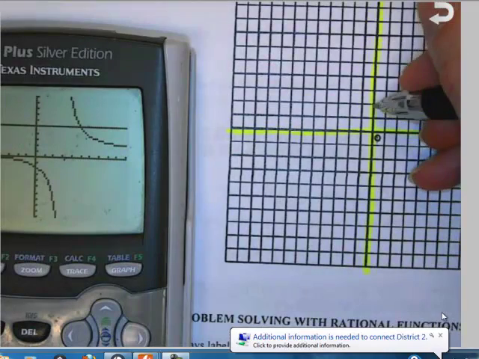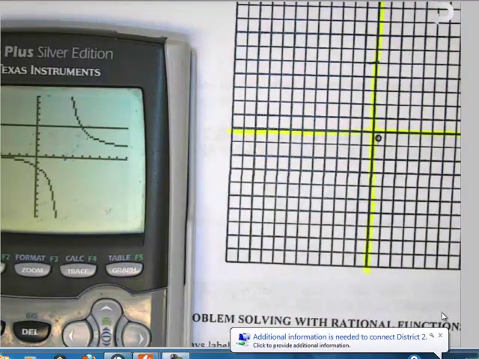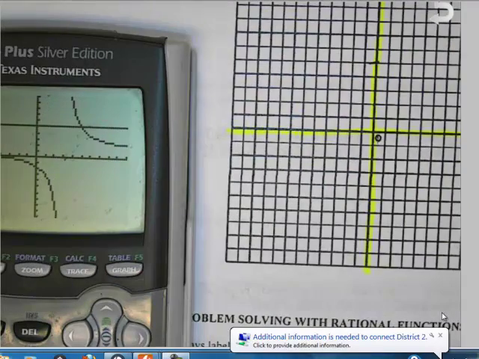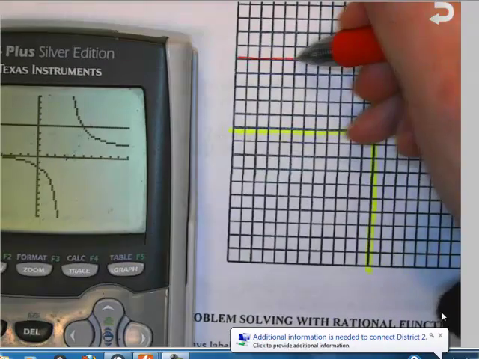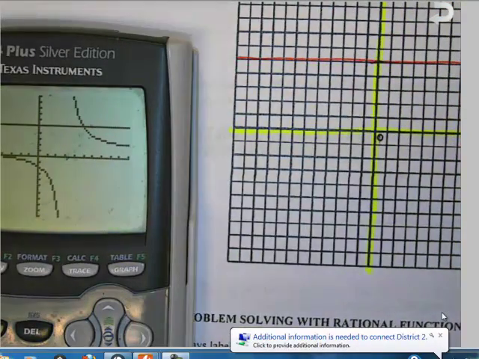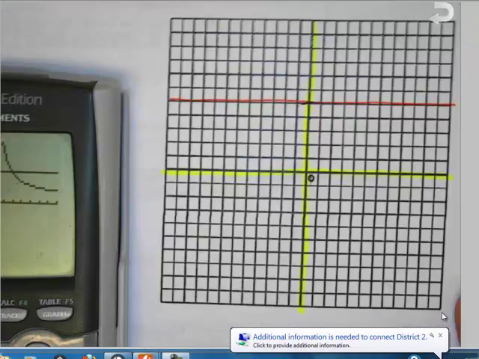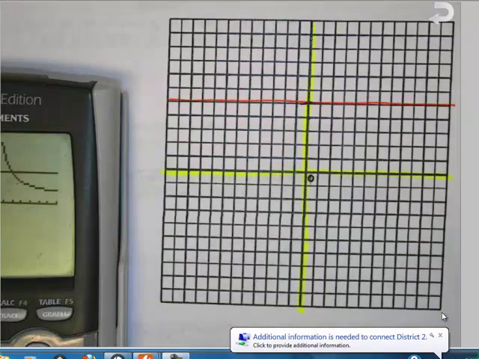So we go 1, 2, 3, 4, and 5, and I'm going to do that in red. Again, you would probably use your ID card as a straight edge, but for a horizontal line that's not that hard to do. So here we have our constant line. The second thing we need is our horizontal and vertical asymptotes.